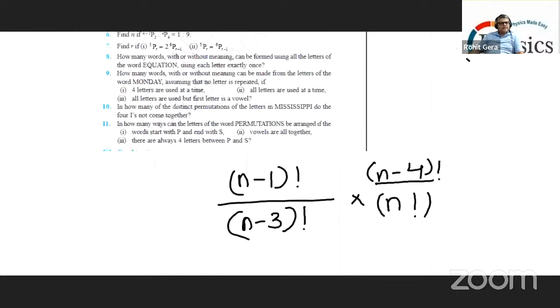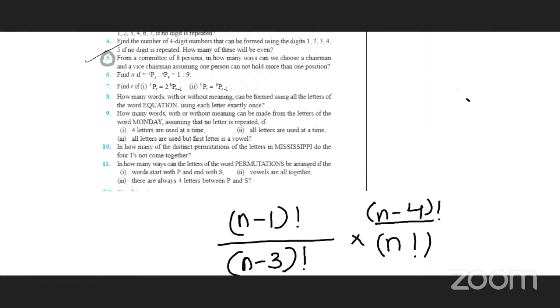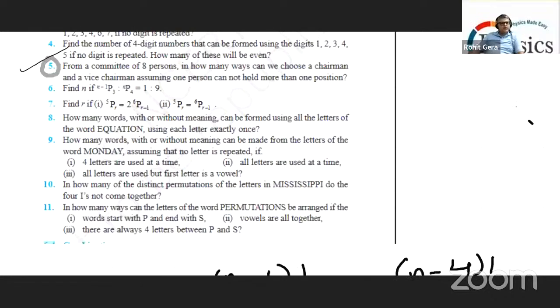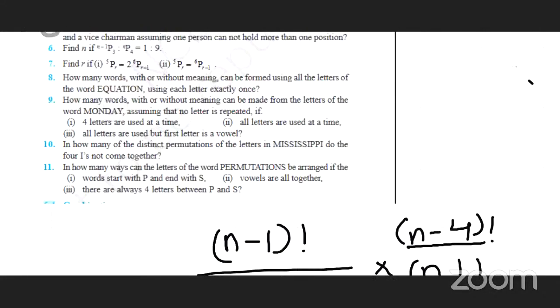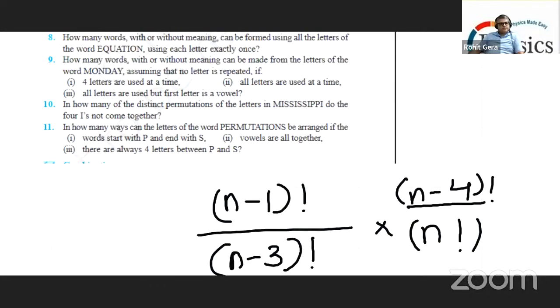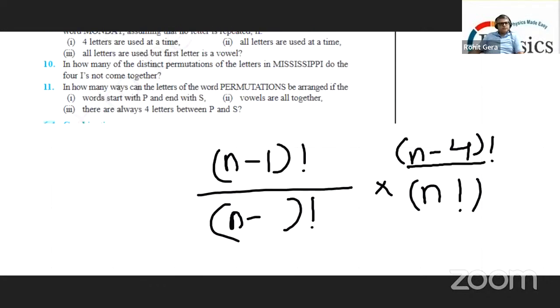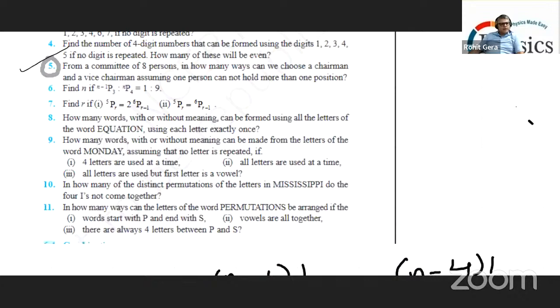This will be n minus 3. Here r is 3, so n minus 1 factorial over n minus 1 minus 3, which is n minus 4 factorial.